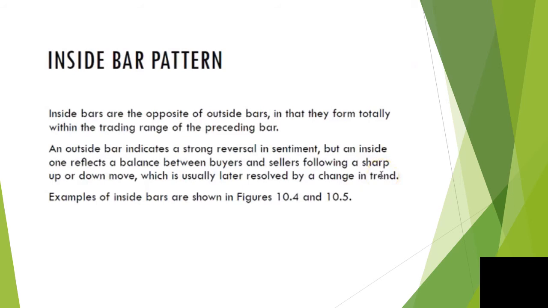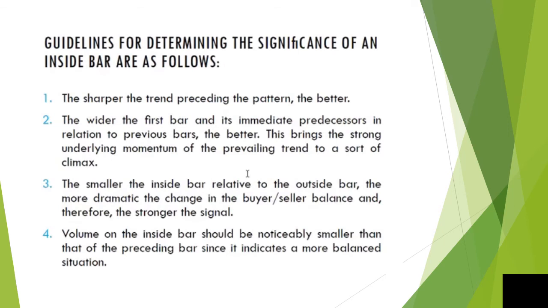So kalau kita recall balik, an outside bar indicates a strong reversal in sentiment, but an inside one reflects a balance between buyers and sellers following a sharp up or down move, which is usually later resolved by a change in trends. We look at the example in figure 10.4 and 10.5.